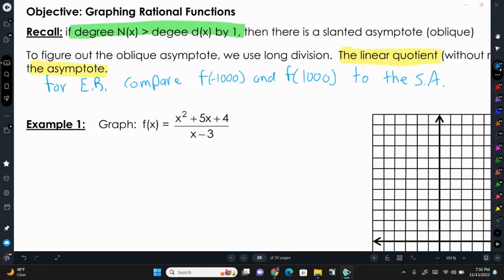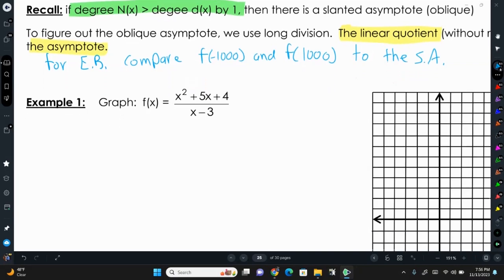So we're going to evaluate that asymptote at negative 1,000 and positive 1,000, and that's what we're going to compare f of negative 1,000 and f of positive 1,000 to. When we graph these, we're still going to do all the same steps that we've done before.